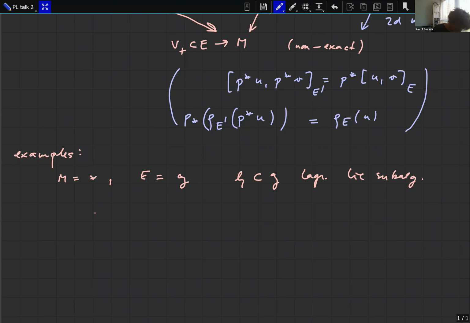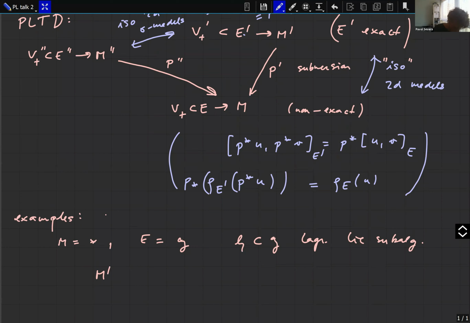And then for this M prime, we need to choose those groups, but we simply take G modulo H. So E prime is simply G times G over H.